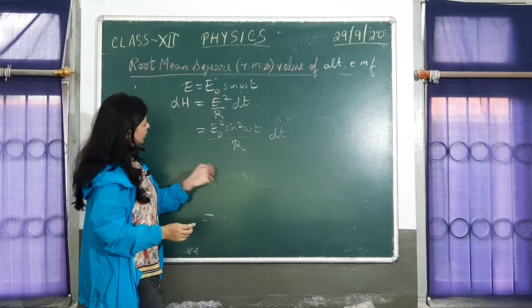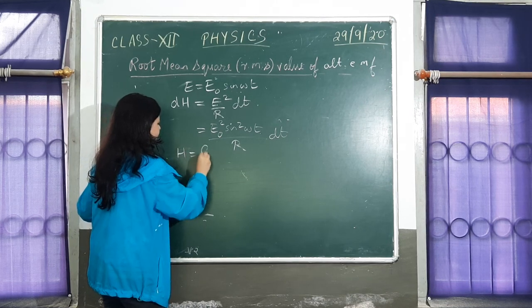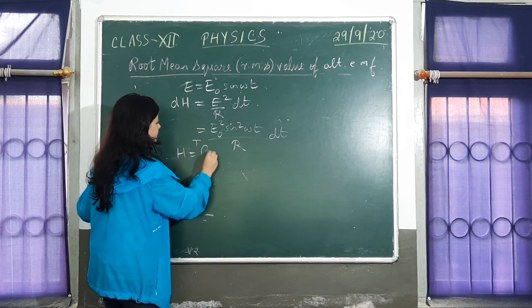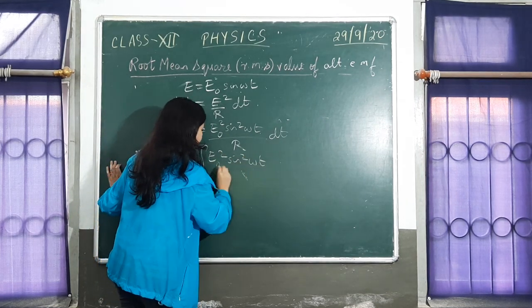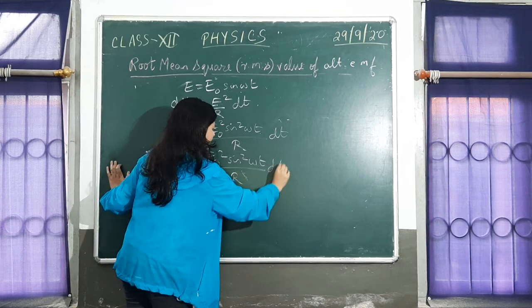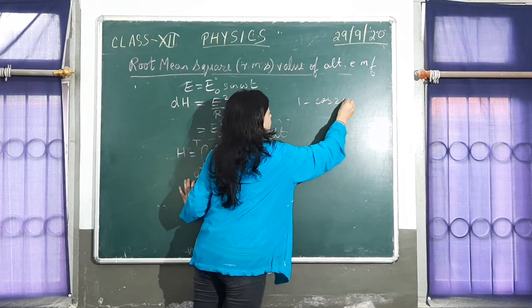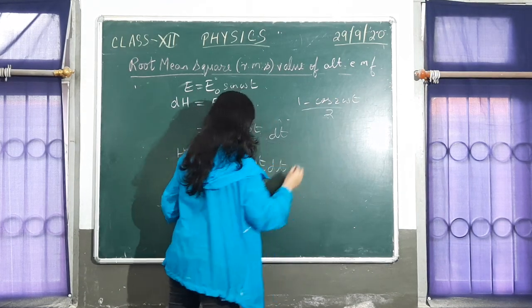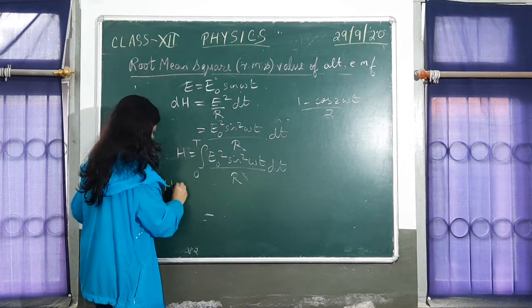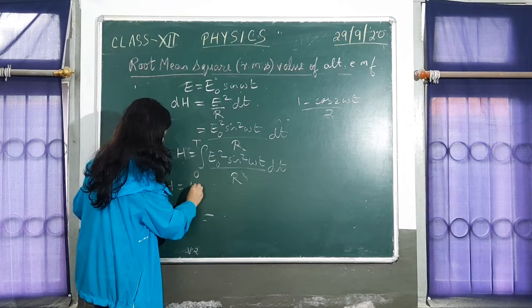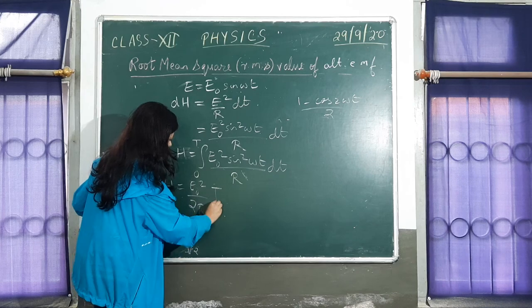Then we can follow the same process to integrate, to find out H by integrating dH from 0 to T, that is integration E naught square sine square omega t by R dt. Again replacing sine square omega t by 1 minus cos 2 omega t by 2 and putting the limits, finally we will get H is equal to E naught square by 2R into T.